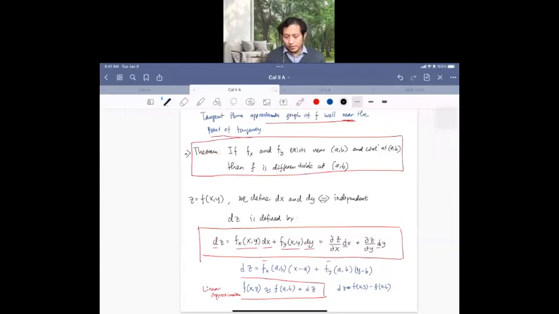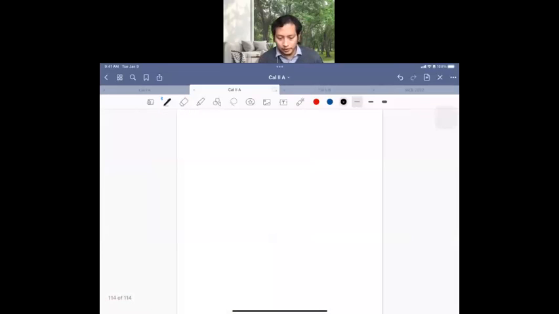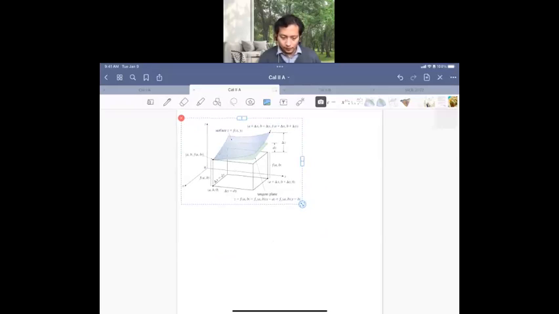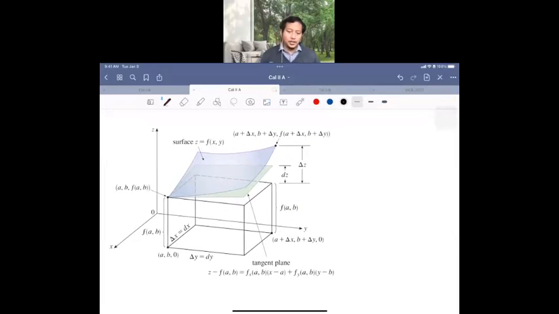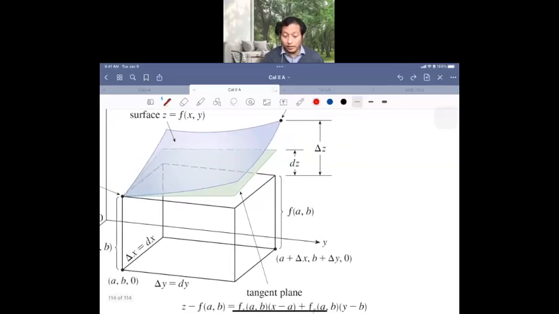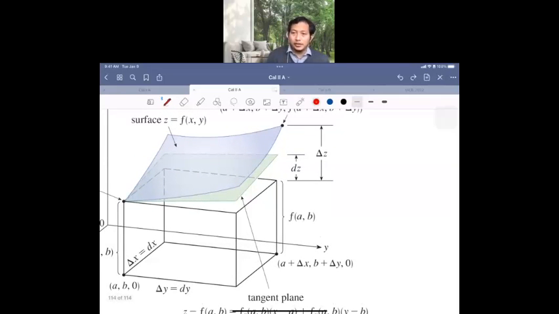Or maybe let me give you the context on the graph. This is how it looks if we look at the differentials. The important thing here is this part. You see that it has a difference because dz actually refers to the tangent plane that we have, from the equations that we discussed before.